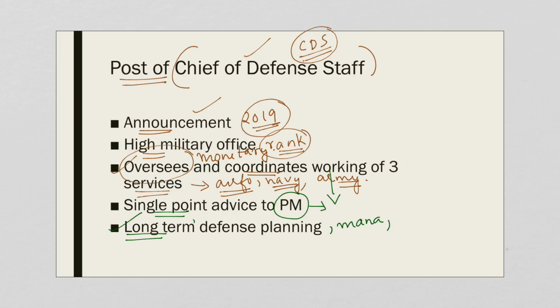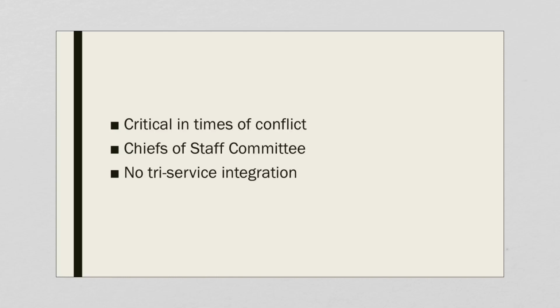So it provides long-term defense planning or long-term advice or solutions with regard to defense to the Prime Minister of the country. Now, the role of the CDS becomes more crucial in times of conflict. Whenever there is a conflict, the role becomes evidently more important.